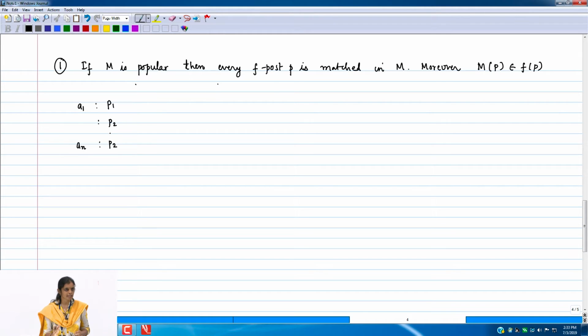But if there are some other posts, there must be other posts which are left over after the F posts have been removed. So what we can think of is, take the instance and remove the F posts from everybody's preference list. Even if, let's say P1 is an F post, and P1 appears as a third choice in A3's preference list, it doesn't play any role, because this A3 P1 edge is never going to get used in any popular matching.